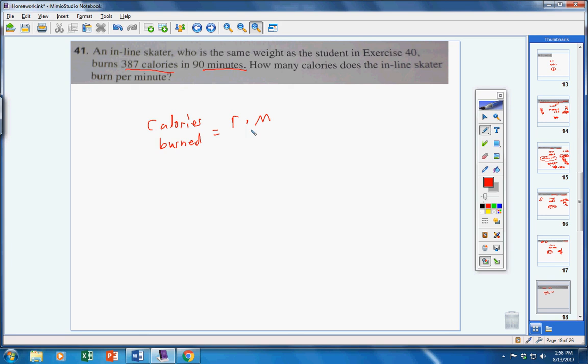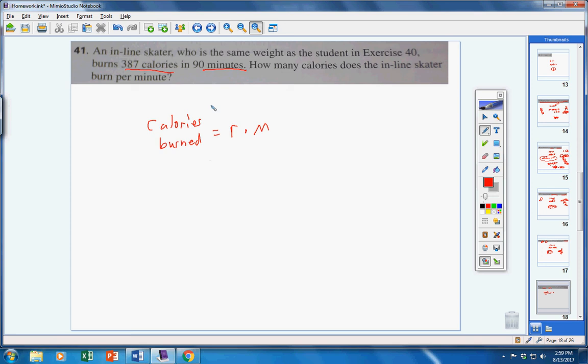Okay, if you'll look at the black, bold print above number 40, it says the number of calories burned is expressed by RM. So number of calories burned equals RM. And then it says R is the rate that you burn the calories, and M is the number of minutes that you do it.